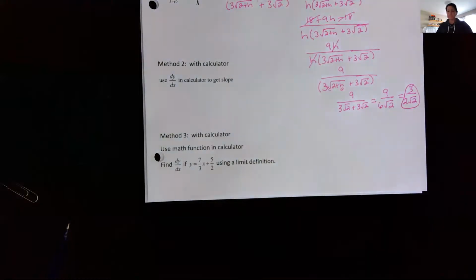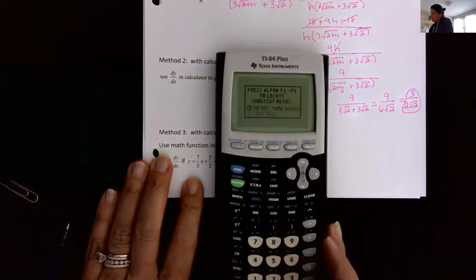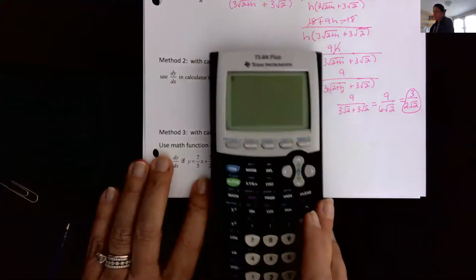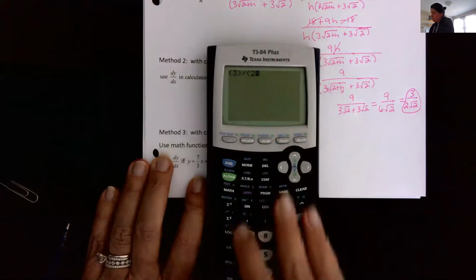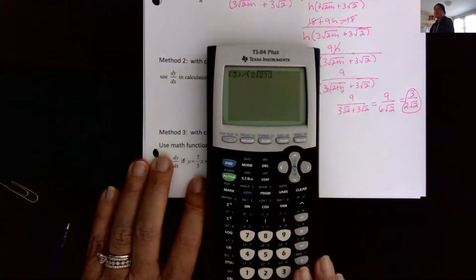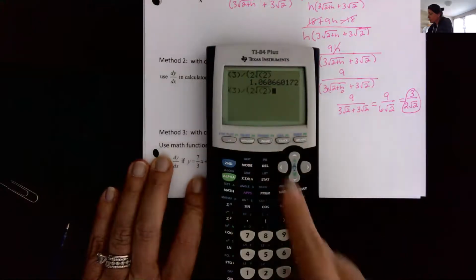Okay. And just for the sake of what we're going to do next, I'm going to do this. 3 divided by 2 root 2. Oh, I should have actually cleaned that up. This is the correct answer, but I got kind of sloppy there.